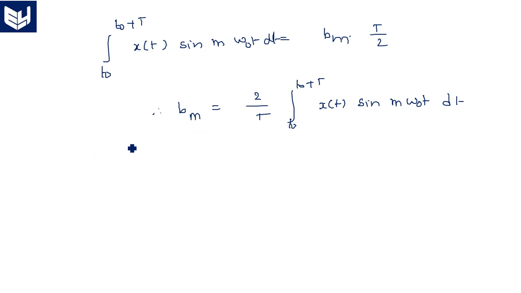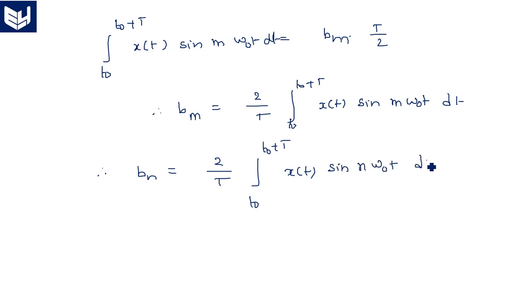So this is for bm. What we need, the trigonometric coefficient bn, is equal to 2 by t integral t naught to t naught plus capital T x of t sin n omega naught t dt.